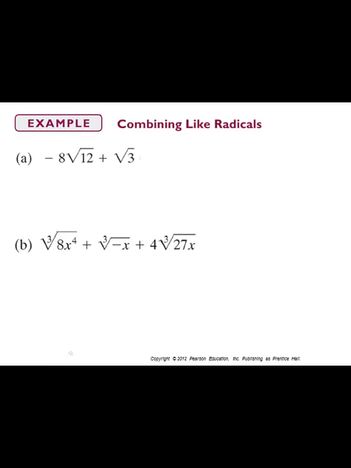Moving along here. Now, we could also simplify radical expressions by combining radical terms, by simplifying each of the terms. Now, we have negative 8 times the square root of 12 plus the square root of 3. Let's simplify the negative 8 square root of 12.